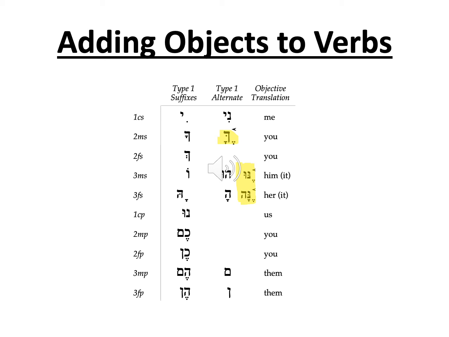In the 3MS, the hey has dropped, and instead we have a nun with a dagesh, and the same in the 3FS, we have a nun before the hey, also with a dagesh. All 3 of these involve nun, however, all 3 of these will also only occur in the imperfect, so you do not need to worry about them in the perfect. So make sure that you review this chart so that you can recall what the object suffixes are for each person, gender, and number.